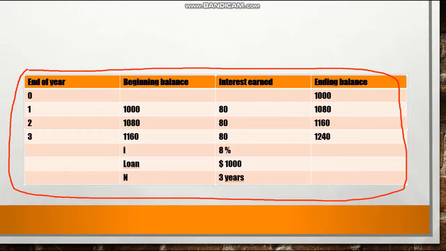At the end of the 0th year, which is the beginning, we don't have any balance, right? We don't have any interest earned, and the ending balance is $1,000, which is the money we lent.